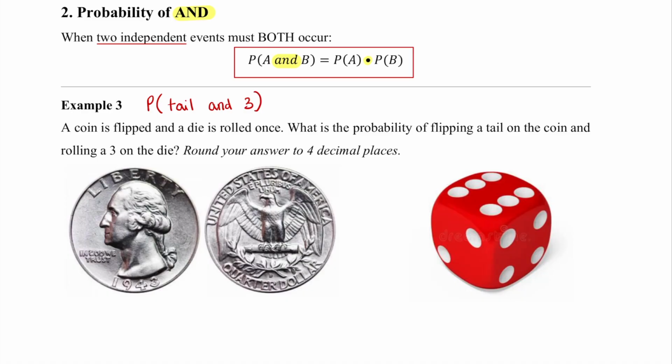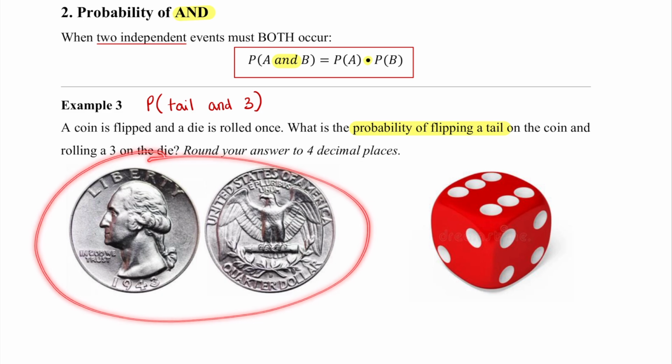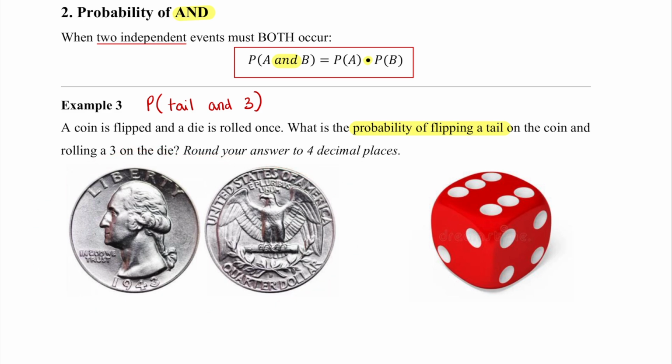Let's identify each probability. First, I want to find the probability of flipping a tail. When flipping a coin, the total number of possible outcomes is 2 because you can either get a head or a tail. So the probability of getting a tail is 1 out of 2.